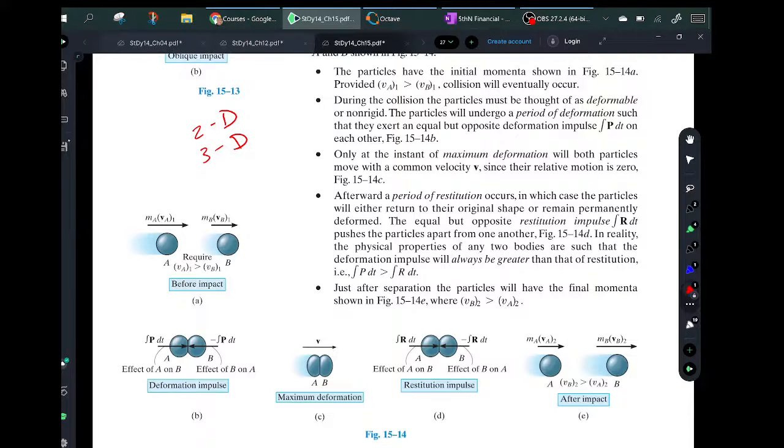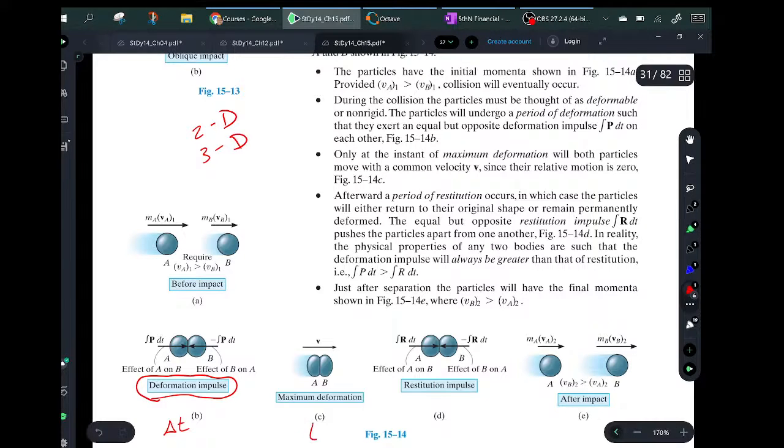There's phase 1, where the 2 objects start and they deform. They reach a point of maximum deformation. It's not a delta t, it's instantaneous. And then there's a restitution phase, and this is another delta t, where they come back apart and then they go on their way.